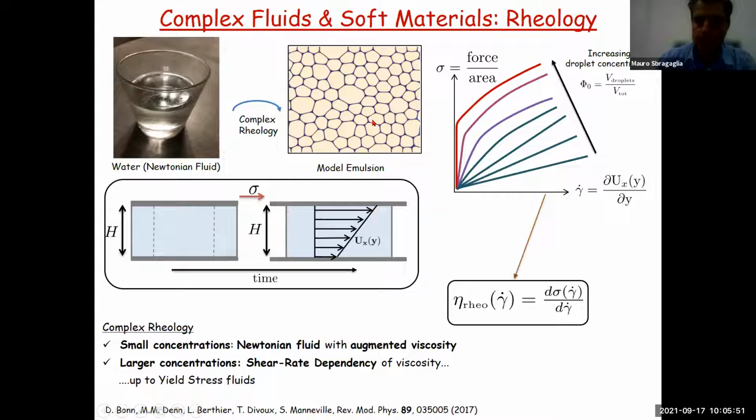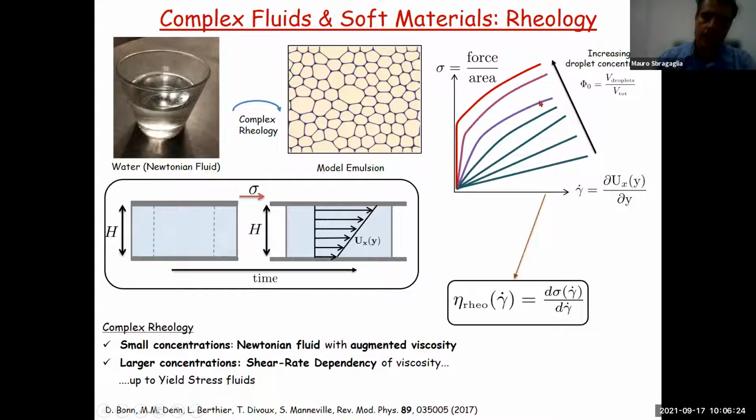So the rheological response gets complicated and depends strongly on the droplet concentration. For small concentration, the emulsion behaves as a Newtonian fluid with an augmented viscosity, which means that the slope is increasing. For larger concentration, there are shear thinning effects, meaning that the resulting viscosity becomes a function of the shear rate, and it displays typically larger viscosities at smaller shear rates.